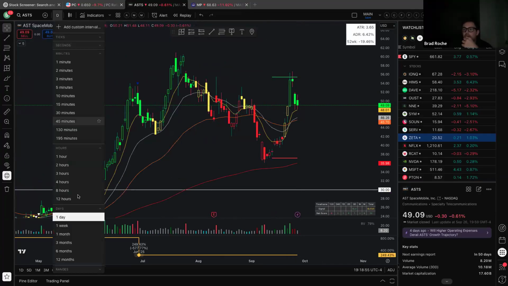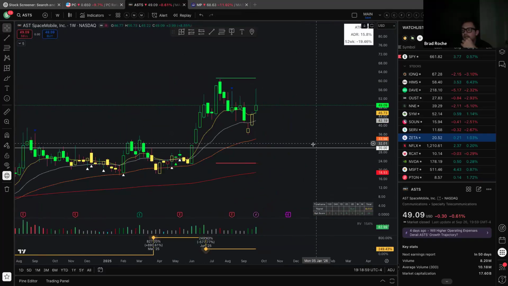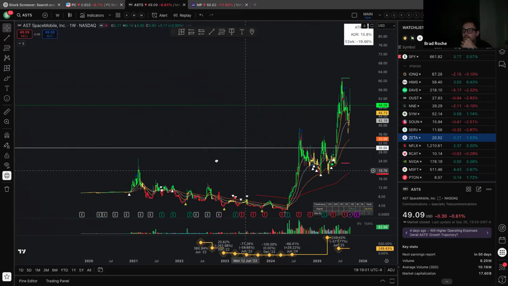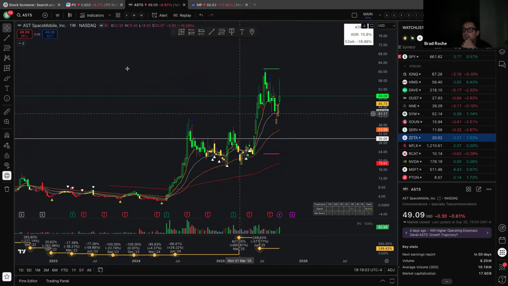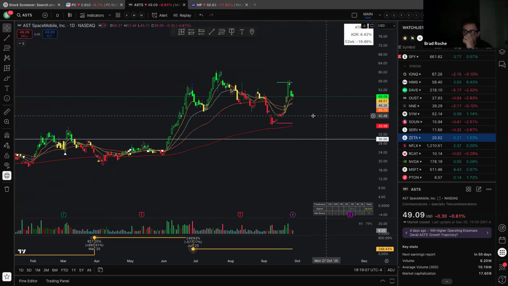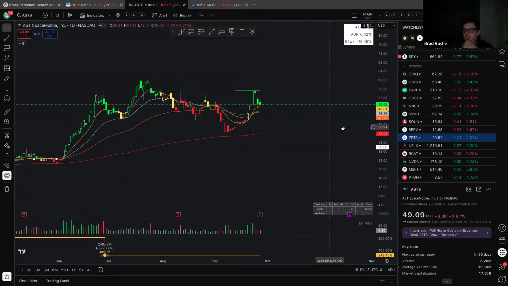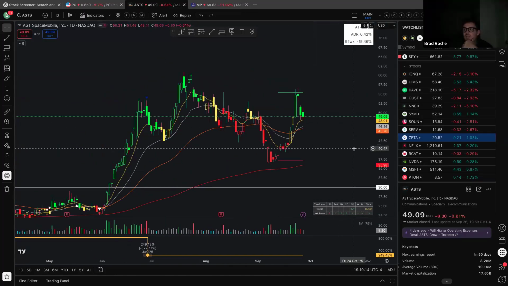This one looks good. This is one of the leaders in the aerospace sector. We broke out of this huge base. I would just say the volatility is really high on this, so give it a little bit of time to chill out and set up.